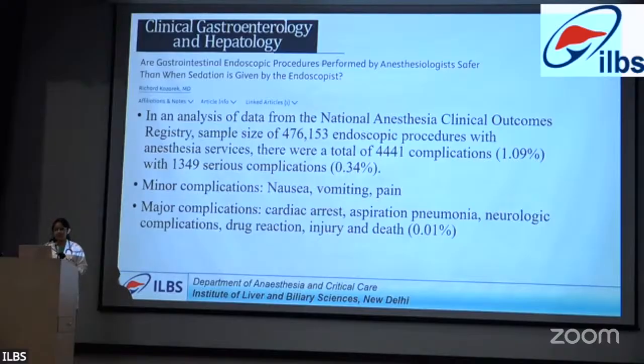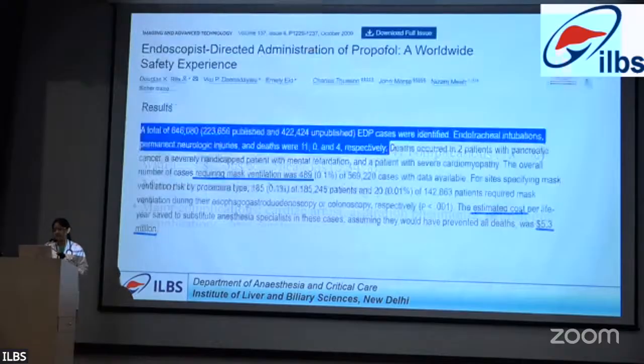Minor complications accounted for nausea, vomiting, pain, and major complications such as cardiac arrest, aspiration, pneumonia, neurologic complications, drug reactions, injury, and death can be reduced if the sedation is given by the anesthesiologist.